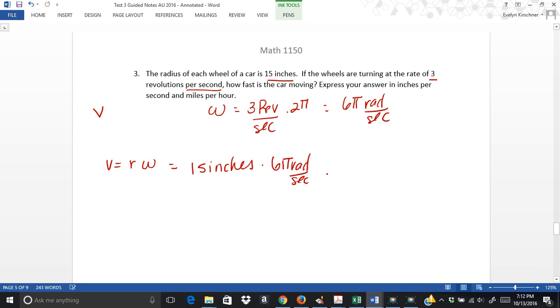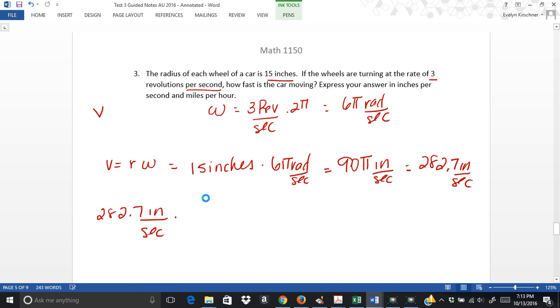And so in inches per second, I have 90 pi inches per second, which is the same as 282.7 inches per second. And now I want to convert it. I have to get rid of seconds, so I have 3,600 seconds per hour.